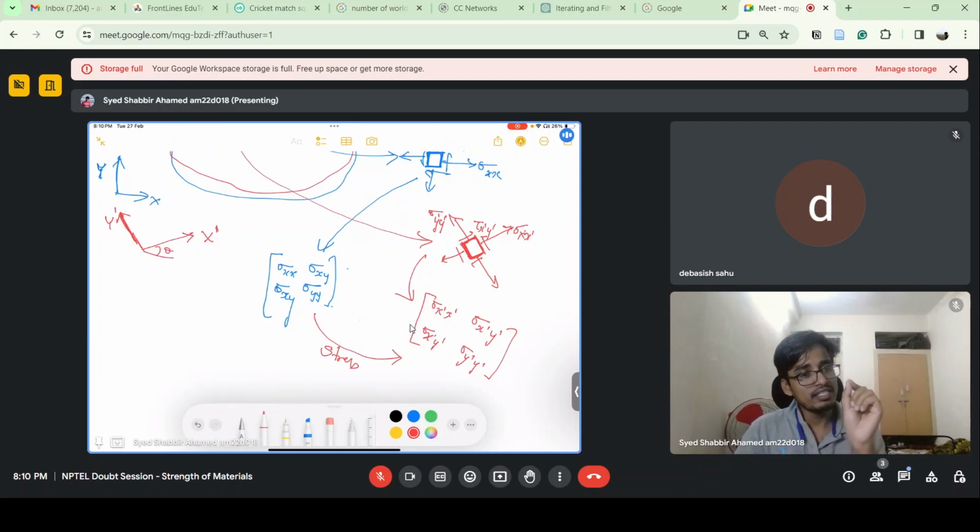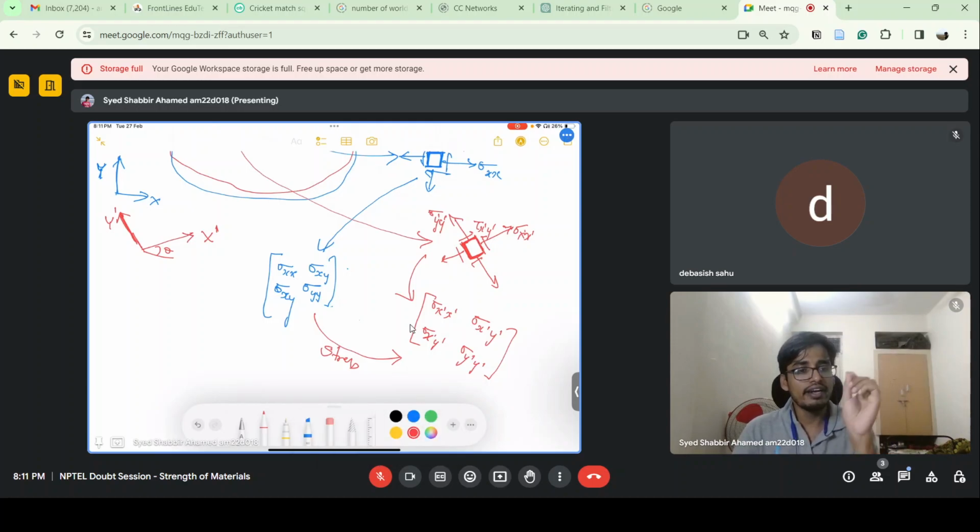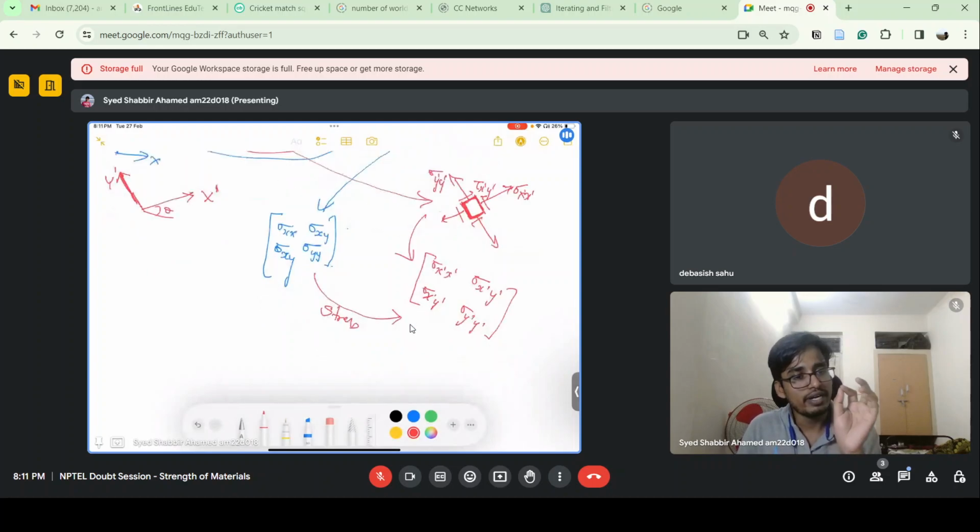So we are describing the state of stress at the same point, but we are taking the reference coordinate systems in different directions. So inherently there should be something which stays the same, right? The elements in the matrices are changing, but it effectively speaks of the state of strain at that point. So there are some properties of this matrix that don't change even if you change the direction of the coordinate system.